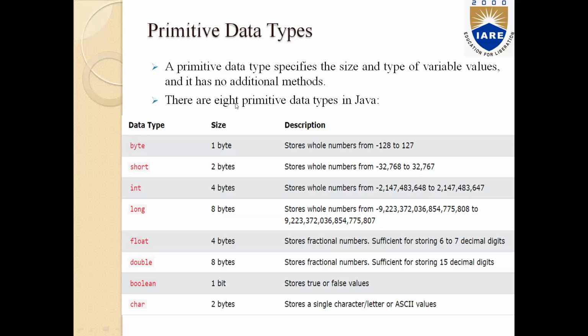In long, we can store whole numbers, and in float, we can store fractional numbers, up to 6 to 7 decimal digits. In double, we can store up to 15 decimal digits. In boolean, we can only have true and false values. In char, we can store a single character or letter or an ASCII value.